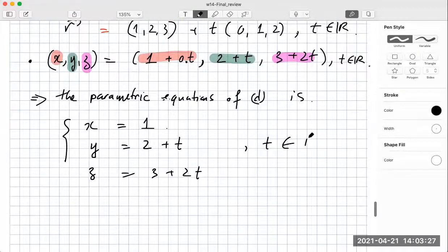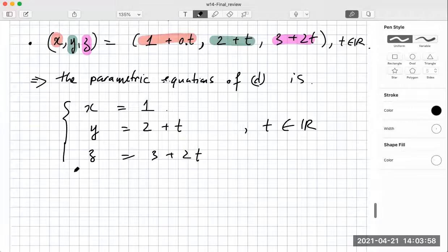For t is any number in R. Suppose we pass the class and after many years we don't remember these names and equations, you can definitely go backward like this from basic properties of vector. That is the parametric equation.